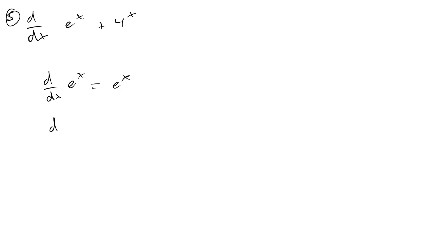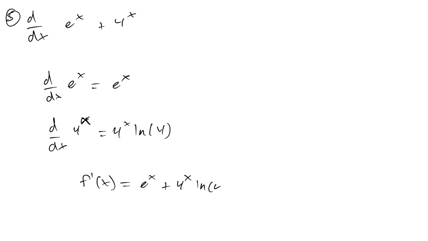And then the derivative of 4 to the x is going to be equal to 4 to the x ln 4. Now we need to just combine the terms. So f prime of x is going to be equal to e to the x plus 4 to the x ln 4.